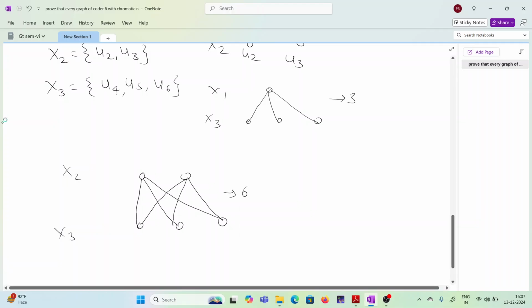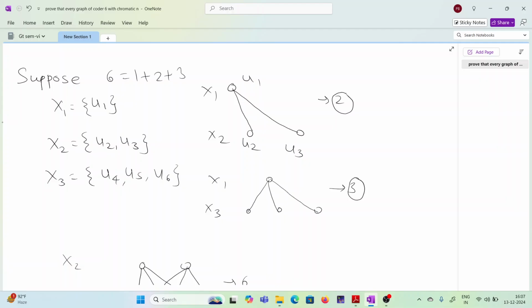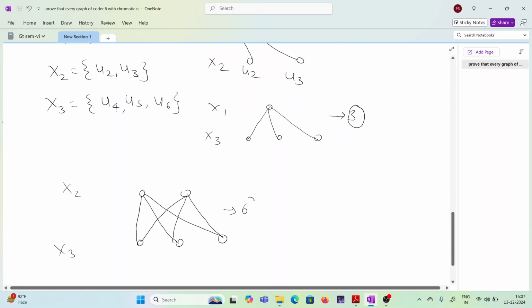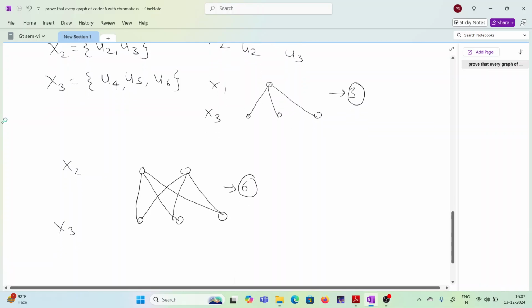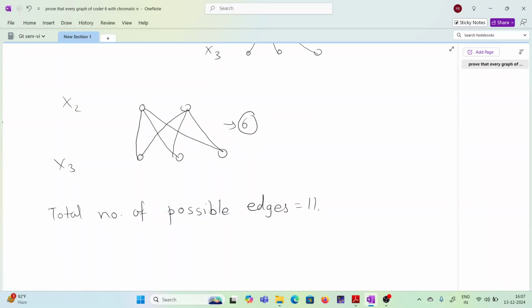So in this case, all possibilities are: in x1 and x2 there are two possibilities, x1 and x3 three possibilities, and x2, x3 has 6 possibilities. So the total number of possible edges is equal to 11.